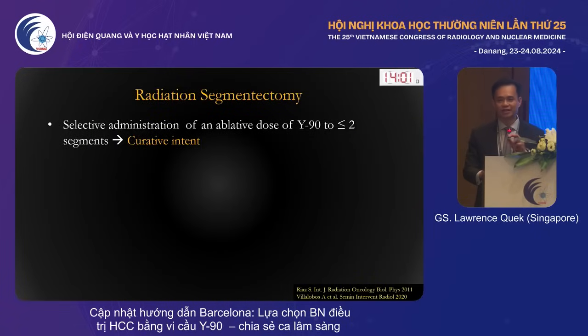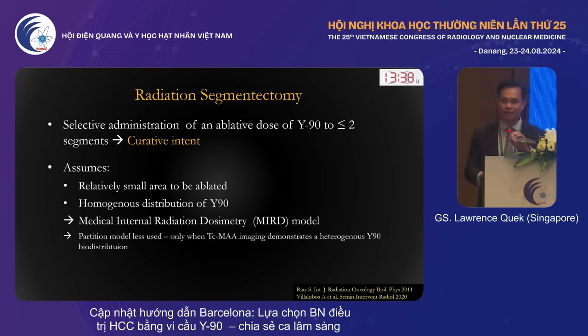So what has changed? I think I'll show some studies. So before we go into Y-90 per se, just the concept of radiation segmentectomy. So what is that really? It's basically giving an ablative dose, a high dose of radiation through the vessels, feeder arteries to the tumor, big enough so that you ablate it and with a curative intent. Okay?